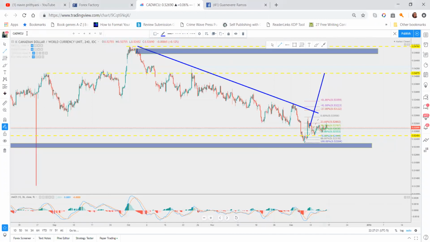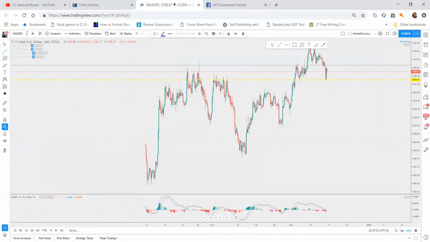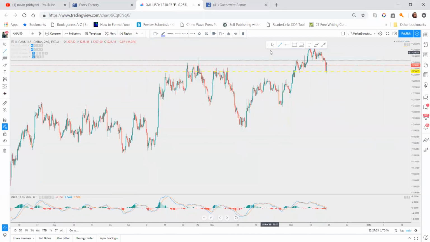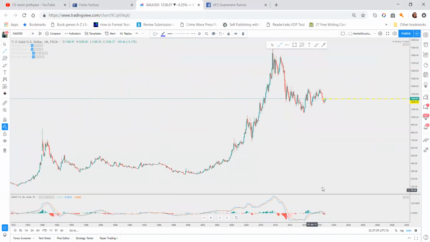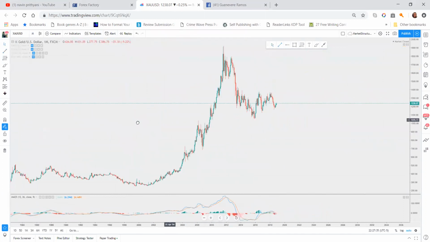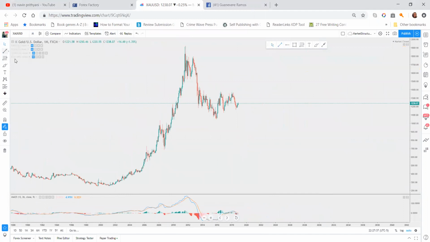Let's do gold. I hadn't marked this one up lately because I've been trading the US 30. On the monthly, let's take everything off here. Trying to move my screen over. On the monthly, we are in an uptrend.